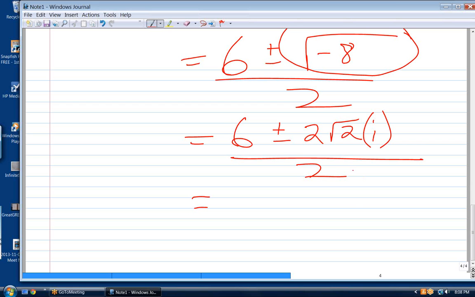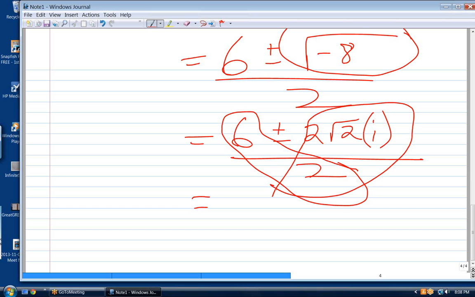Well, separate it into two fractions. What's 6 over 2? 3. What's the rest of it? 3 plus or minus 1 root 2 i.